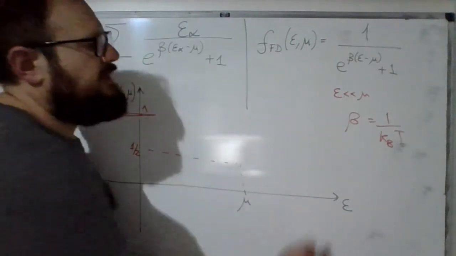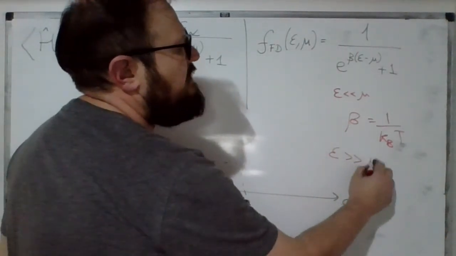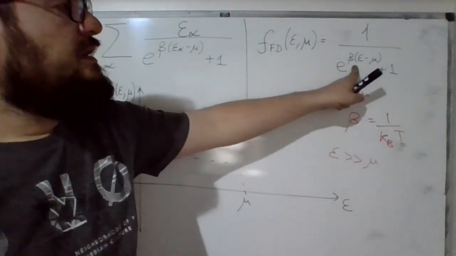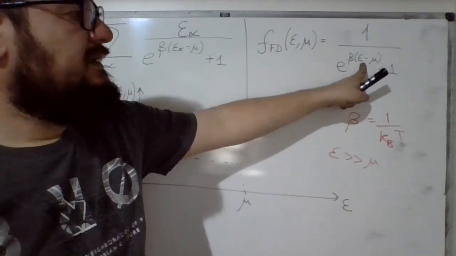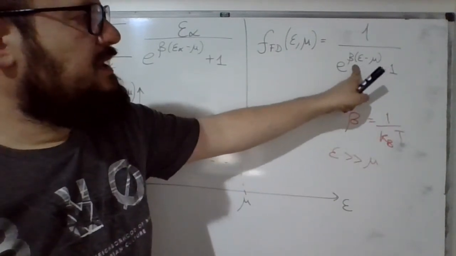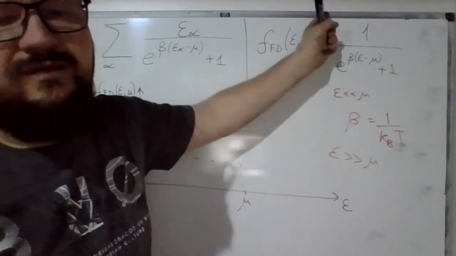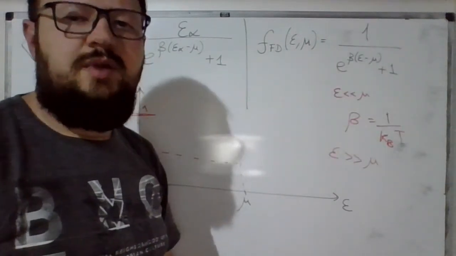And on the contrary, if the energy is much, much larger than mu, you have this exponential being dominated by beta E. So this exponential grows, and you have a vanishingly small probability.